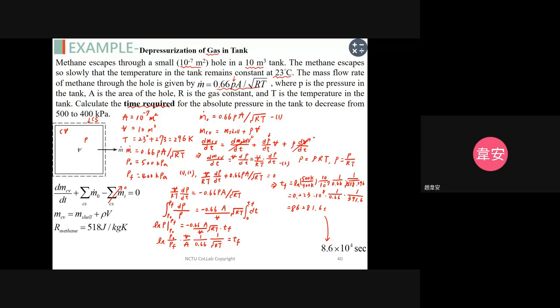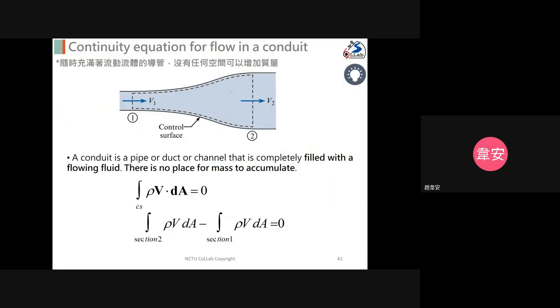Okay, so the next concept is the continuity equation for a flow conduit. How is it different?